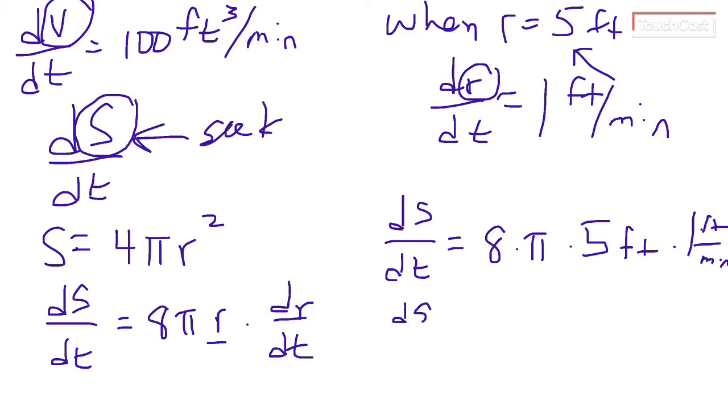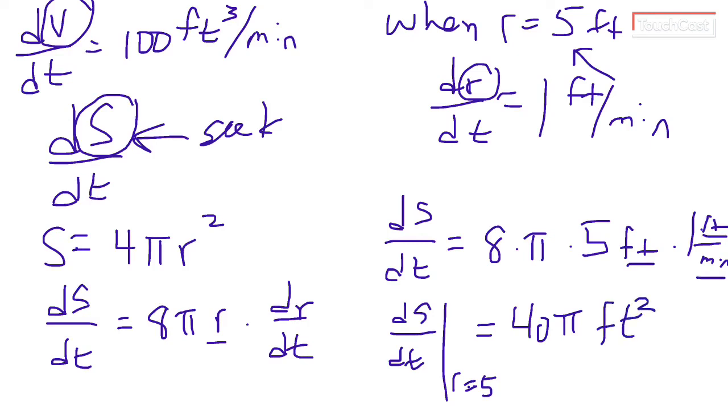In this case, dS/dt when r equals 5 is 8 times pi times 5 times 1, which makes 40 pi. Feet times feet divided by minutes is feet squared per minute. Notice that matches because surface area is measured in square feet and time is measured in minutes. So the final answer is 40 pi feet squared per minute.